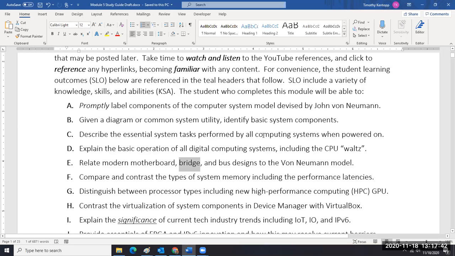North Bridge would be where all the high-speed connections will need to be, right? The CPU and memory and any other high performance components would be connected on the North Bridge versus the South Bridge. South Bridge is primarily involved with input-output. Okay?